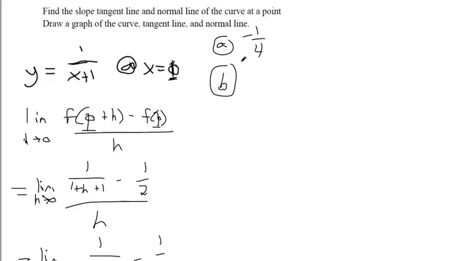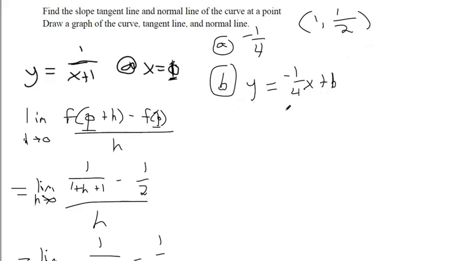Okay, for B, we're supposed to find the tangent line, so that has the same slope. That's the instantaneous slope. We just need a y intercept. So to find that, we need to know what the y value is when x equals 1. So if you plug in 1 into that function, 1 plus 1 is 2. So 1 over 2 is our y value.